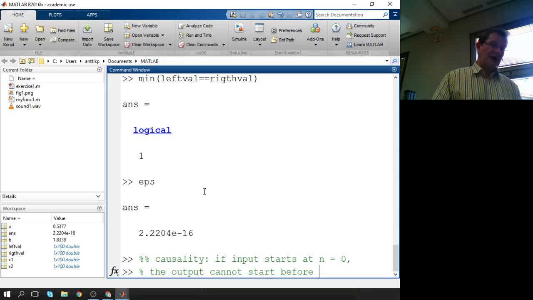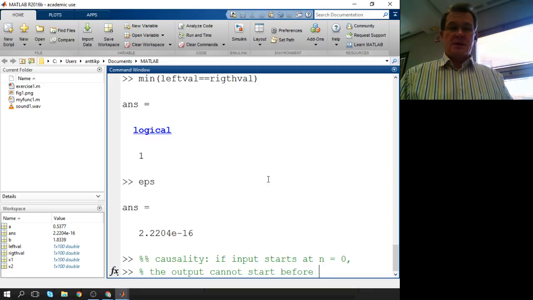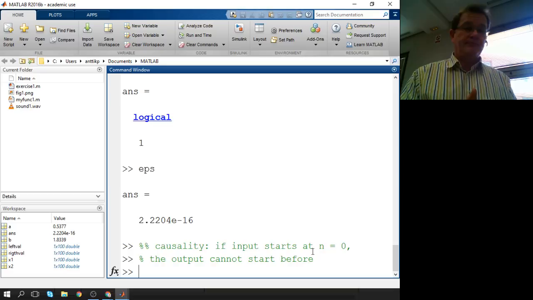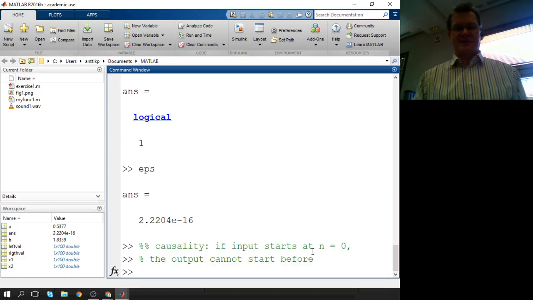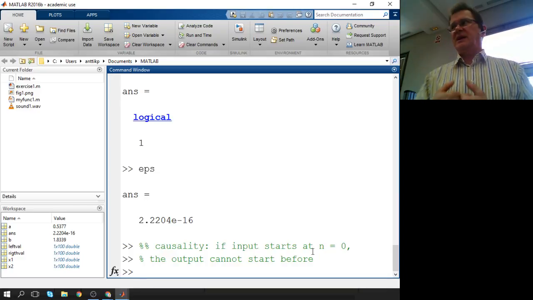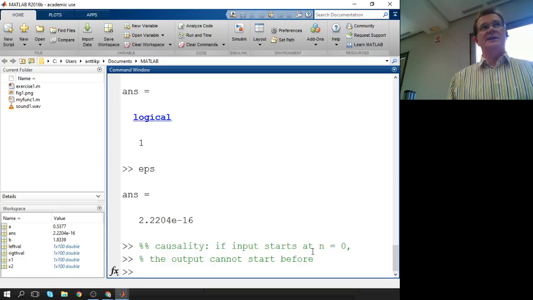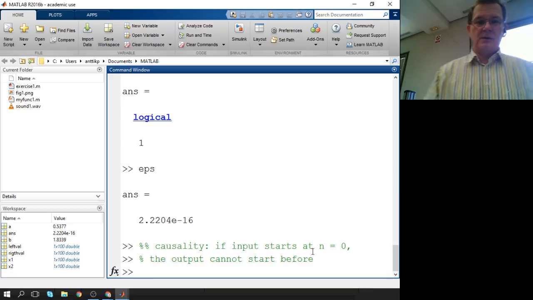Well, yeah. So output cannot start before input. Okay, so causality. We have the function 2 times x. I already know it's causal, but just for fun, let's make a test similar to the linearity test, a brute force test that gives us a value.